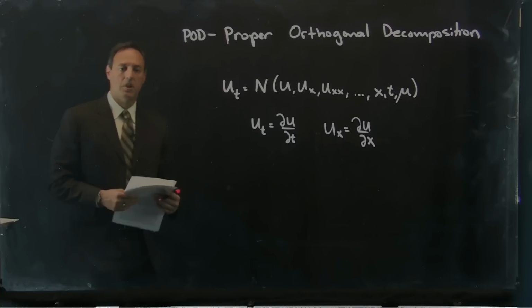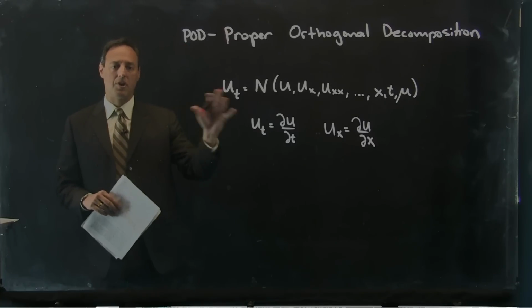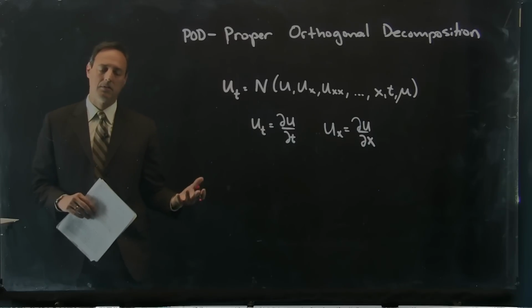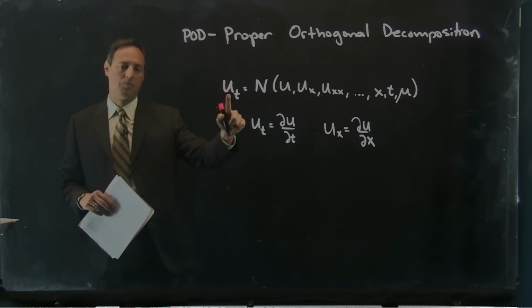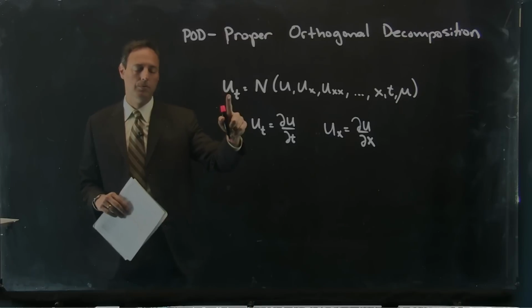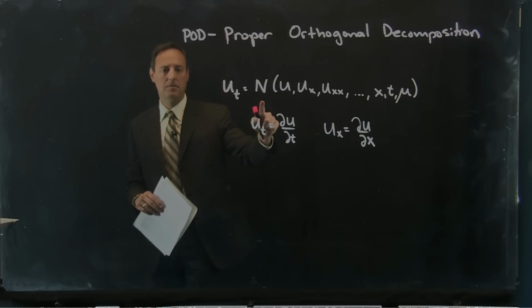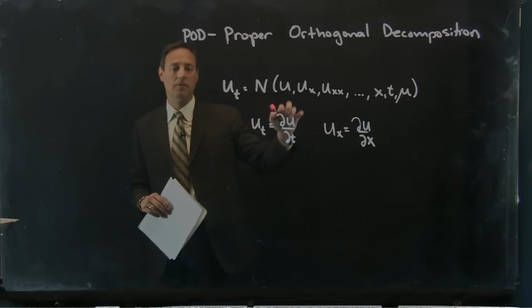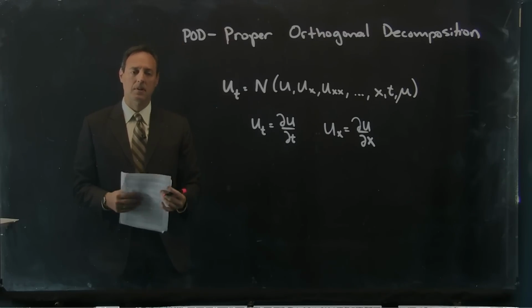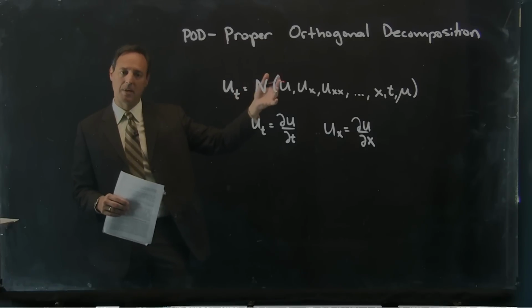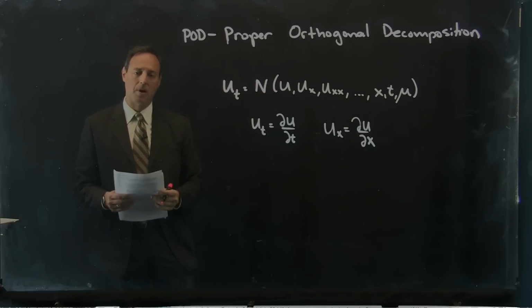and so forth. So what you have here is sort of the canonical model we want to think about, which is we have the time evolution of some quantity of interest u, and it depends upon some nonlinear function of u, as well as its derivatives, as well as time and space, and potentially some parameters in the problem.